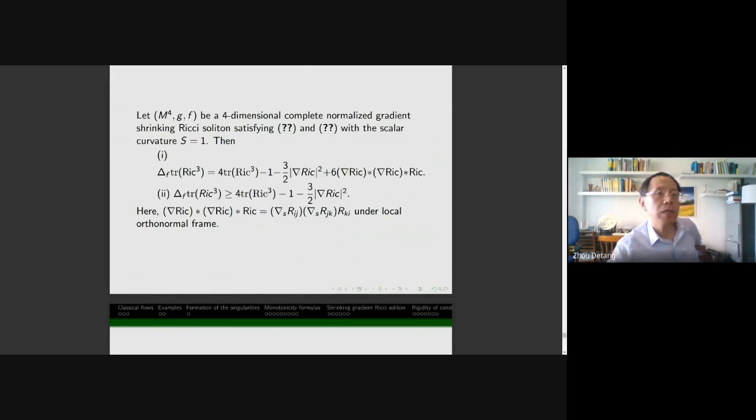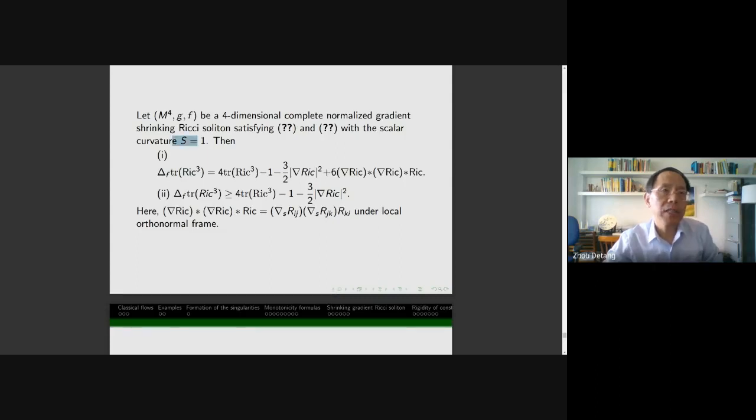If the dimension is 3, you can write down the curvature tensor by the Ricci tensor. So the idea is that using the potential function, in the dimension 4 case, we can decompose the Ricci tensor by the Gauss equation, which is related to the Ricci curvature tensor on the level set and the one direction of the gradient of f.